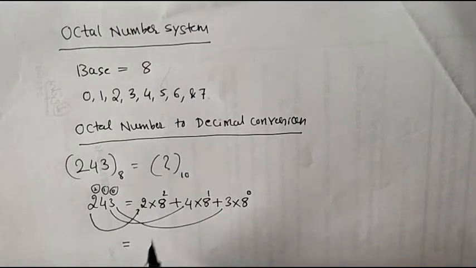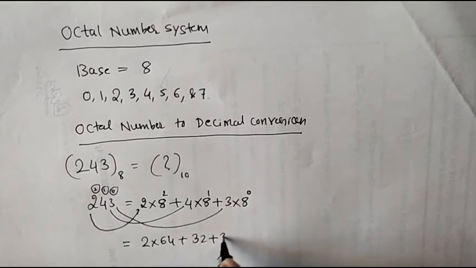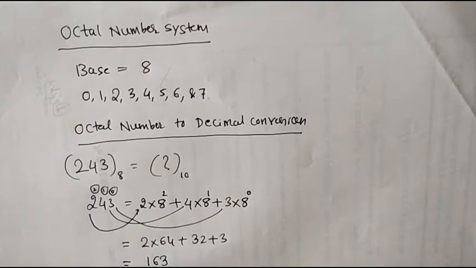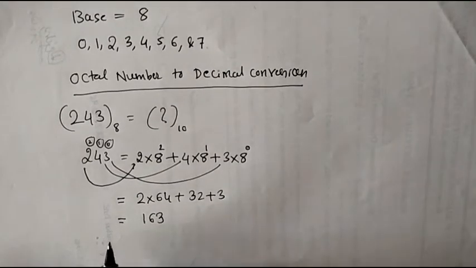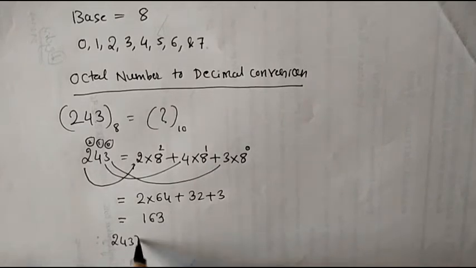Simplifying this, 2 into 64 plus 32 plus 3. Simplifying this, we will get 163. Therefore 243, which is in octal, its decimal equivalent is 163.